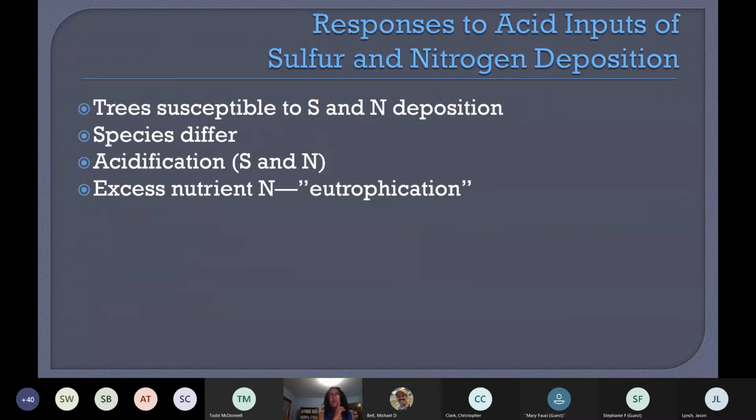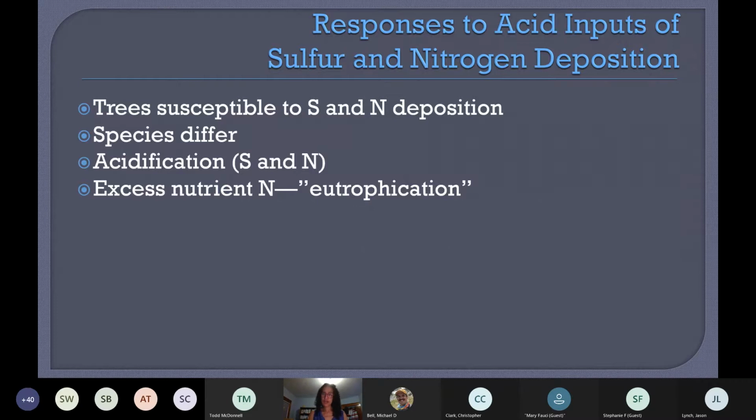So trees are susceptible both to sulfur and to nitrogen deposition, and their sensitivity varies by species, but also the types of damage that they exhibit varies. And we can see effects that are caused purely by acidification with sulfur deposition. Nitrogen can contribute to acidification, but it also acts as a fertilizer.